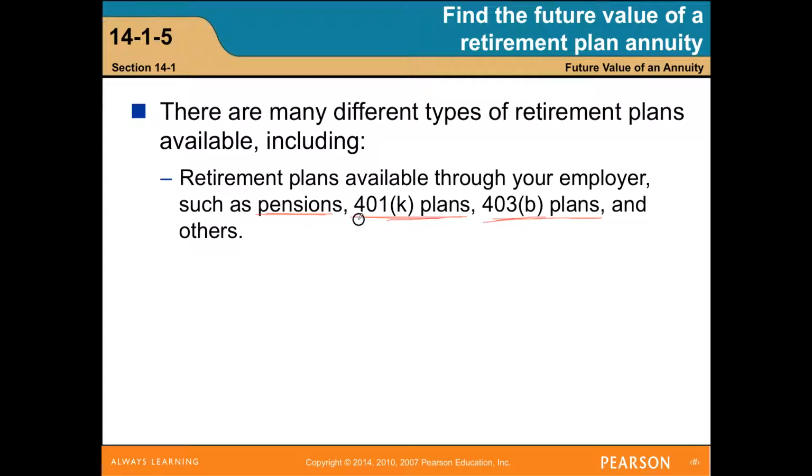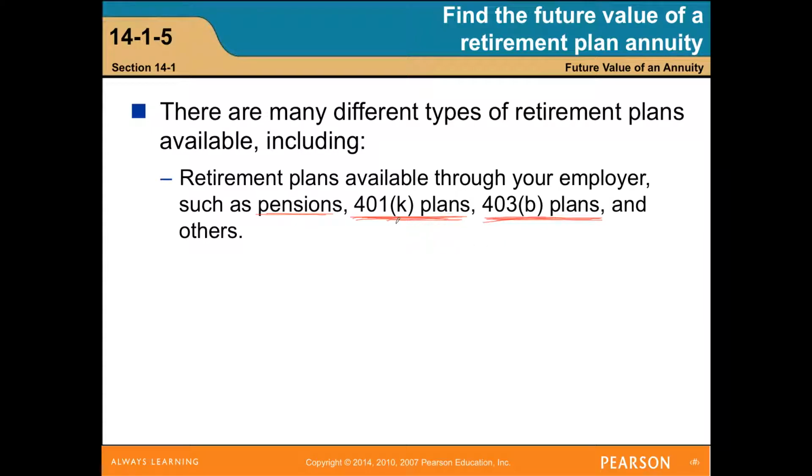The matching part is the kicker, especially in our generation right now of workers, because the stock market is extremely volatile, and essentially there are financial firms that manage these accounts, the 401k plans and the 403b plans. 403bs are more common when you work for a nonprofit, or for a university.